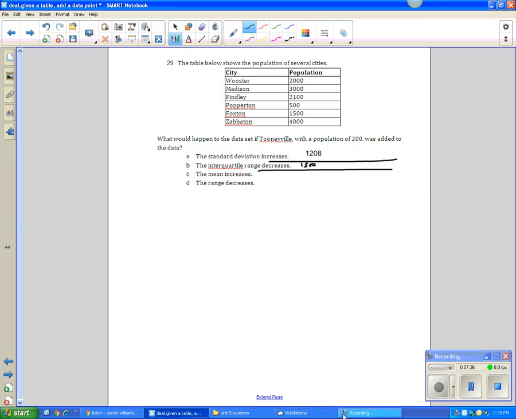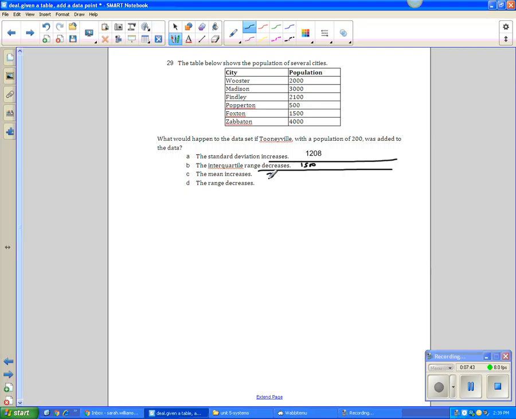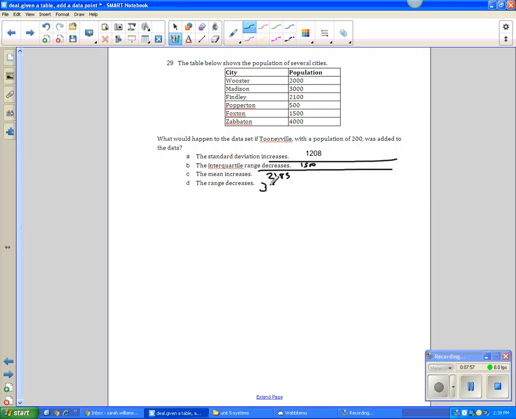The mean, that's x with the bar. So the mean, look up at the top, is 2,183. And the last one, the range, max minus min. That's 4,000 minus 500, which is 3,500.